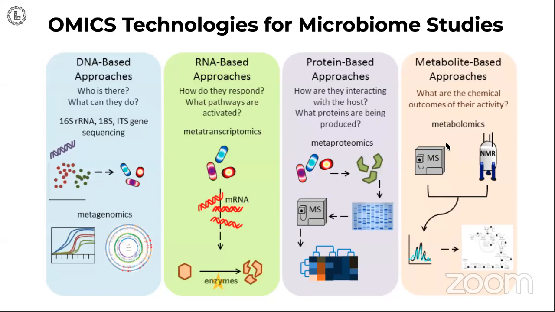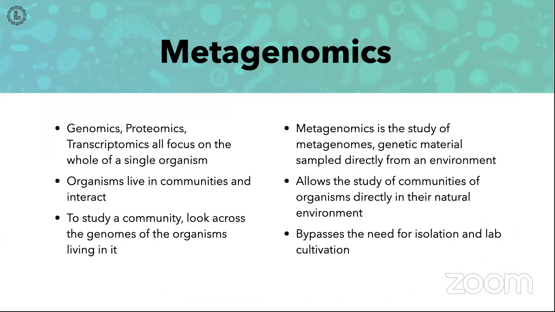Together, these studies form a multi-omic approach, which allows us to study the omic data about a community and find associations between different features in distinct omics data types. So in this program, we will focus on one of these omics data types, which is metagenomics.